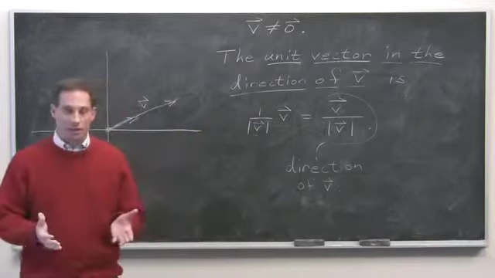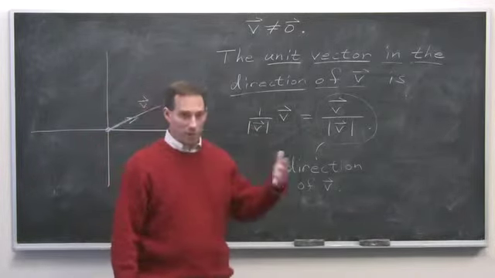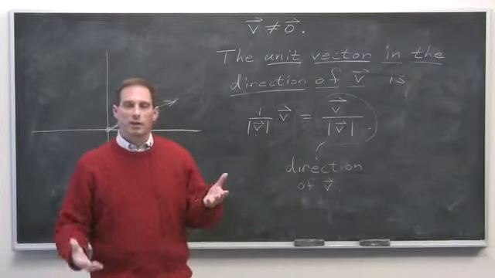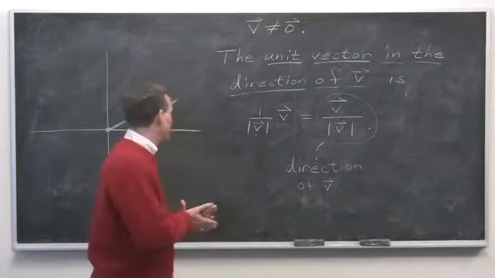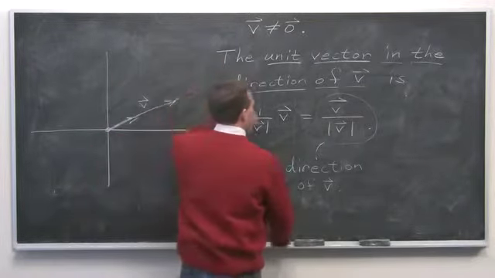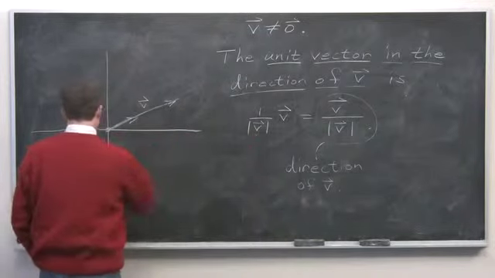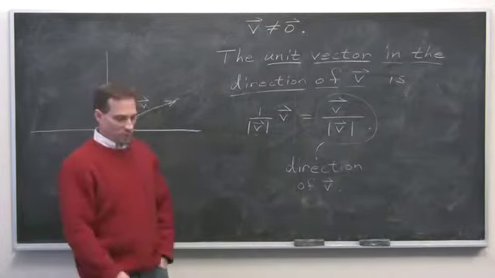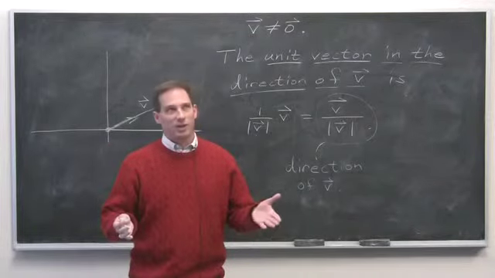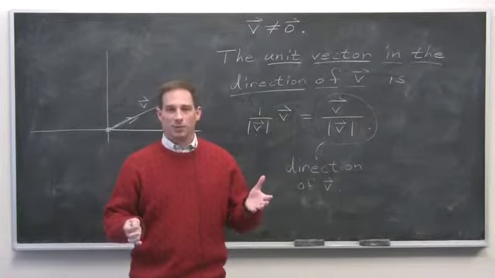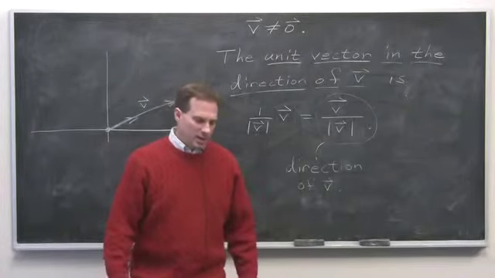So two vectors have the same direction if and only if after you divide them by their magnitudes, or multiply by 1 over their magnitudes, you get the same vector. What about the 0 vector? We have to make a decision. Certainly this does not apply to the 0 vector, and yet we like to talk about directions of vectors, and we'd like to be able to say sentences about directions and not have to say something specific about the unit vector, say as long as the vector is not 0.